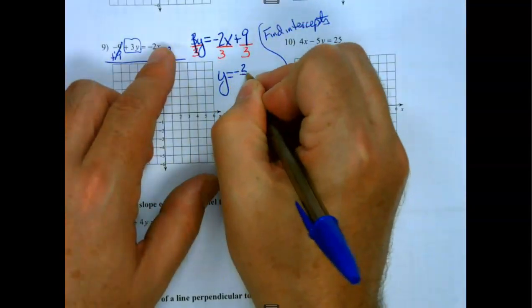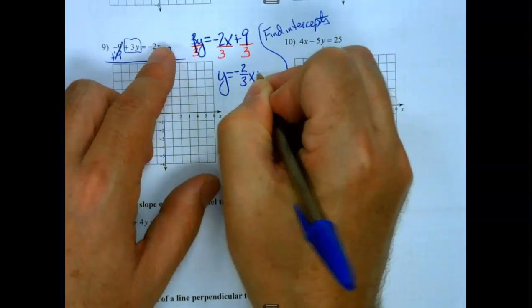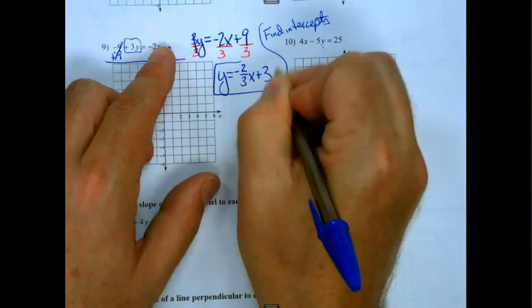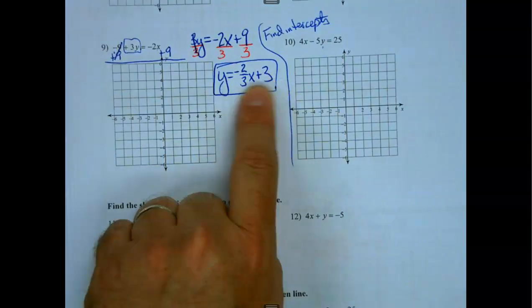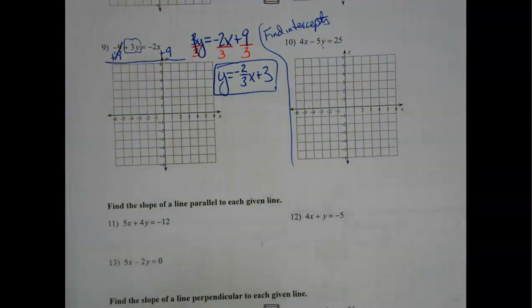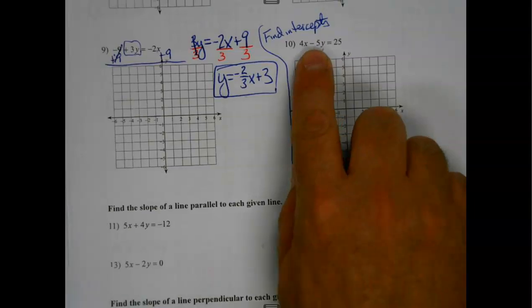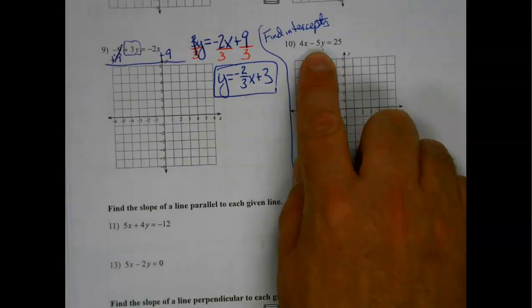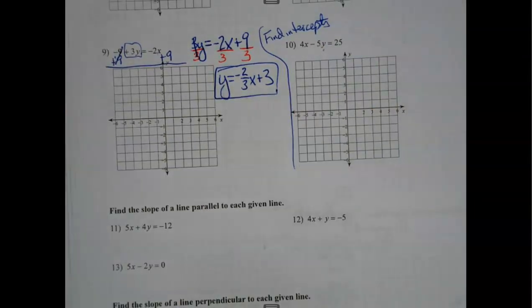And I get to the equation that I want, my y-intercept and my slope, just like the last example that we did. Just want to make sure that we got everybody on the same page with that. So if it's set up nice for intercepts, do intercepts. I can still get that into y equals, but otherwise, we want to get that set.